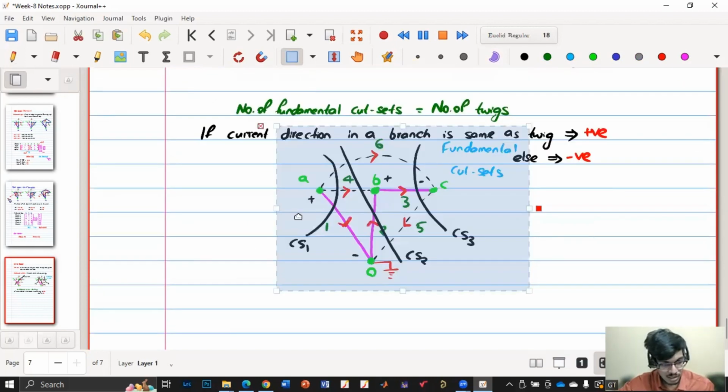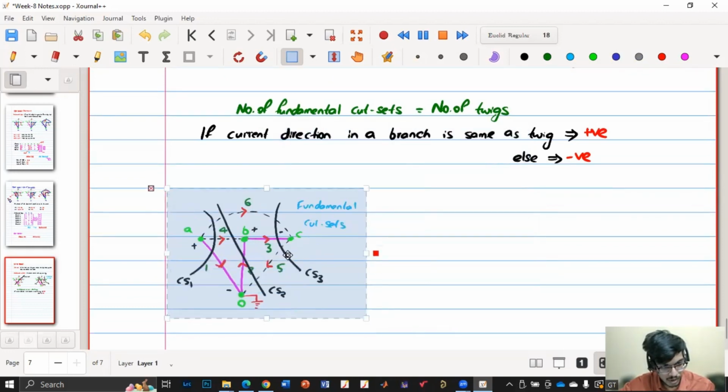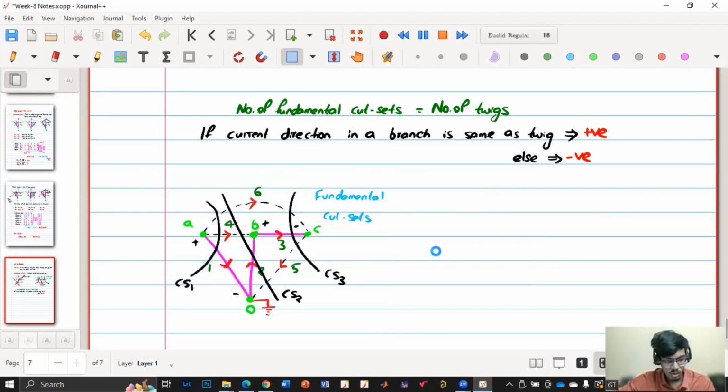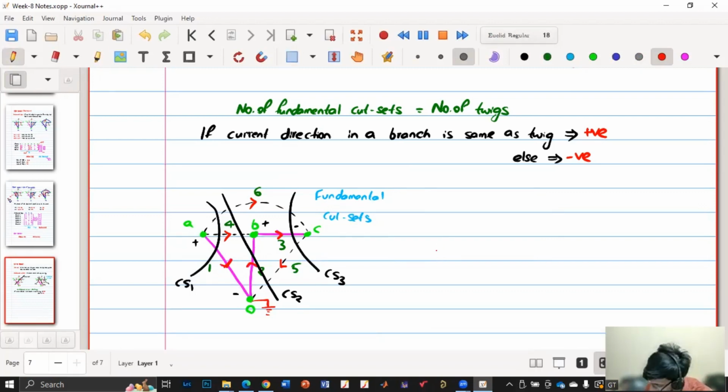We'll again apply KCL at the three nodes: KCL at node A, KCL at node B, KCL at node C. First, KCL at node A. The convention is the same: if the current at node A is going out, it is positive, else it is negative.